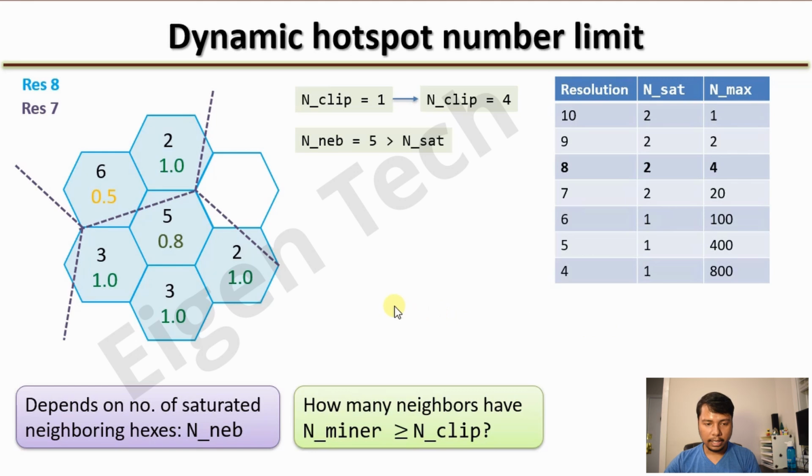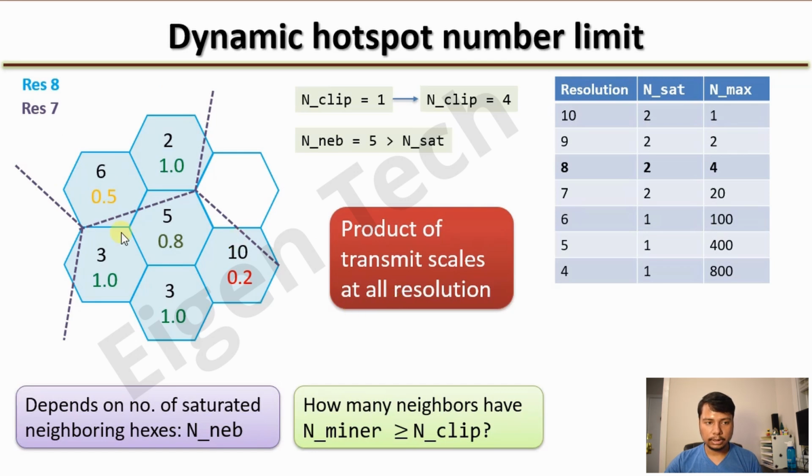And if I increase the number of hotspots in this hex to 10, because the number of allowed hotspots was only 2, the reward scale for each of the hotspots becomes 0.2. Note that these numbers are obtained by considering there are no other hotspots around it. And then finally, these are the transmission scales for this particular resolution, which is resolution 8.